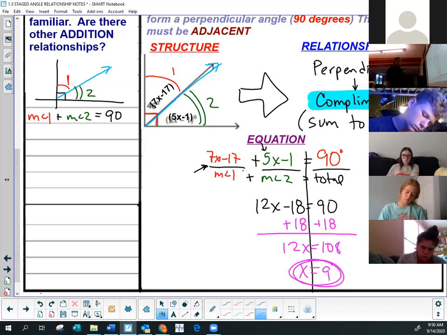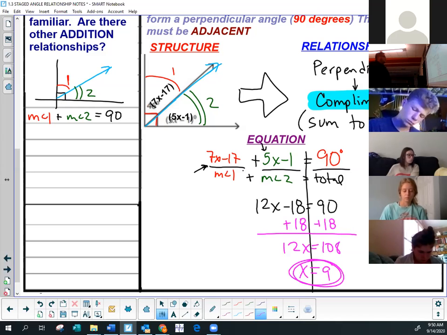Cool. So in terms of getting x, well, this is no secret. We're going to substitute back in for x. So can you guys take about 15 seconds, and then I'm going to ask what angle 1 and angle 2 are worth in terms of degrees.